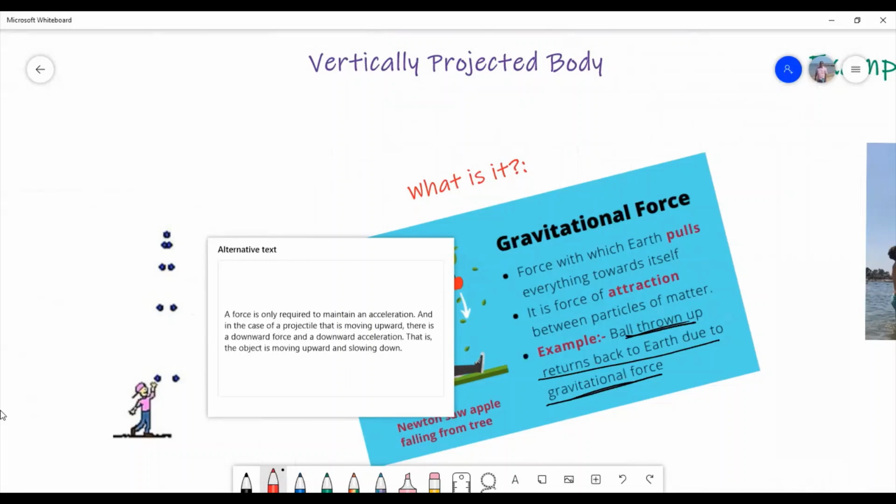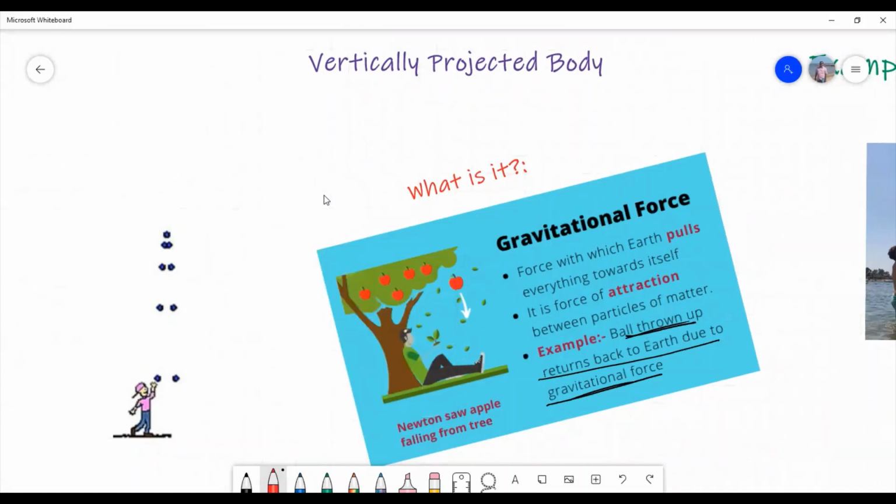And in the case of a projectile that is moving upward, there is a downward force and a downward acceleration. That is, the object is moving upward and slowing down. That's what I said in this. Here there is a downward force and there is a downward acceleration. So when we project a body, it is actually going against this downward force. It is resisting the motion.